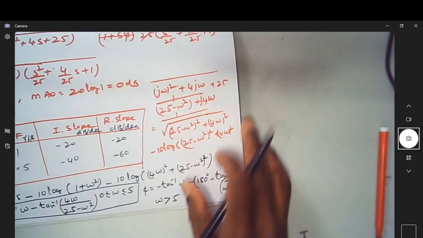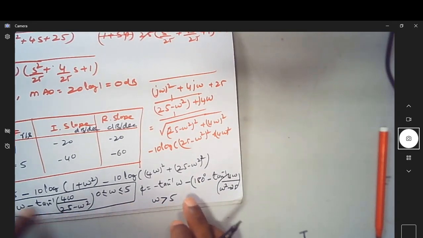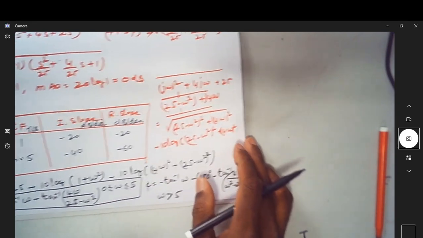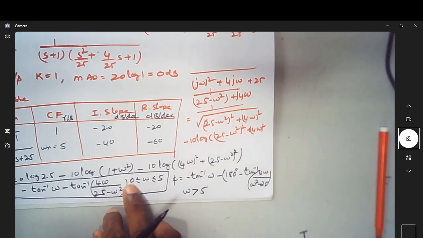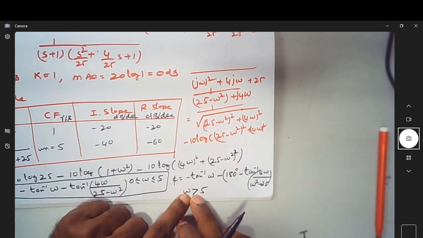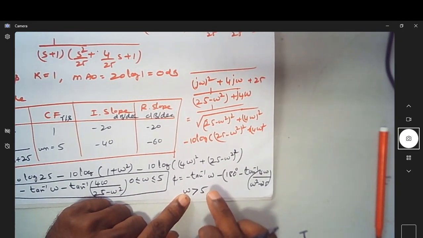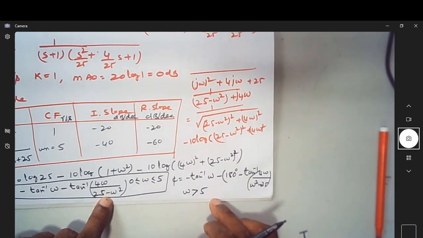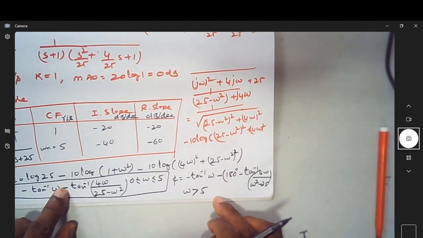So now we have two equations for this phase equation. One is for values between 0 and 5, and for values greater than 5 I have to use this equation, because the denominator here becomes negative. So you cannot simply take this minus and make it plus here.